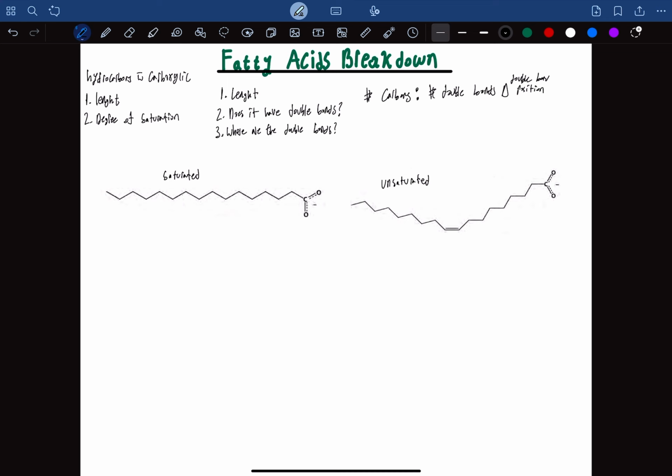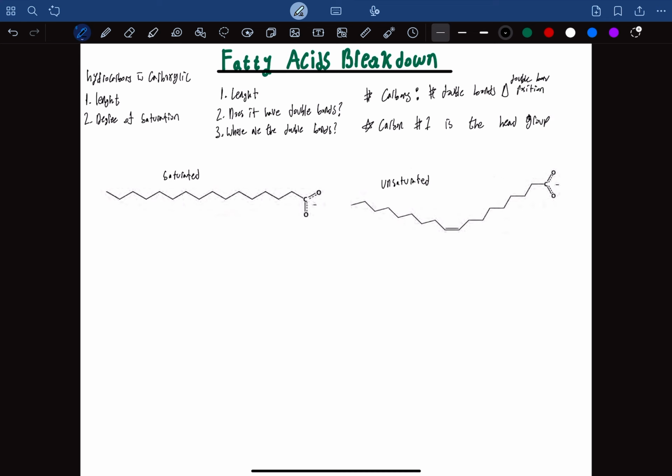One more important rule: when you're counting the position of the double bonds, carbon number 1 is the carboxylic head group.